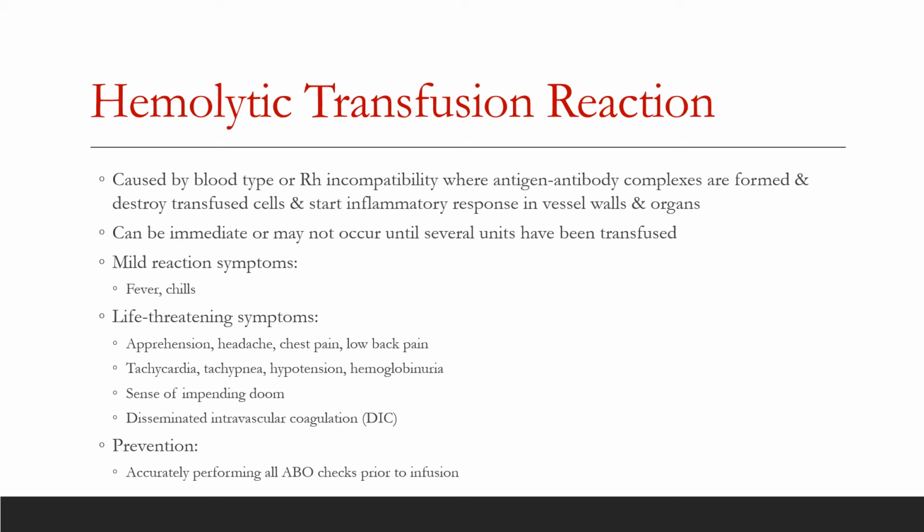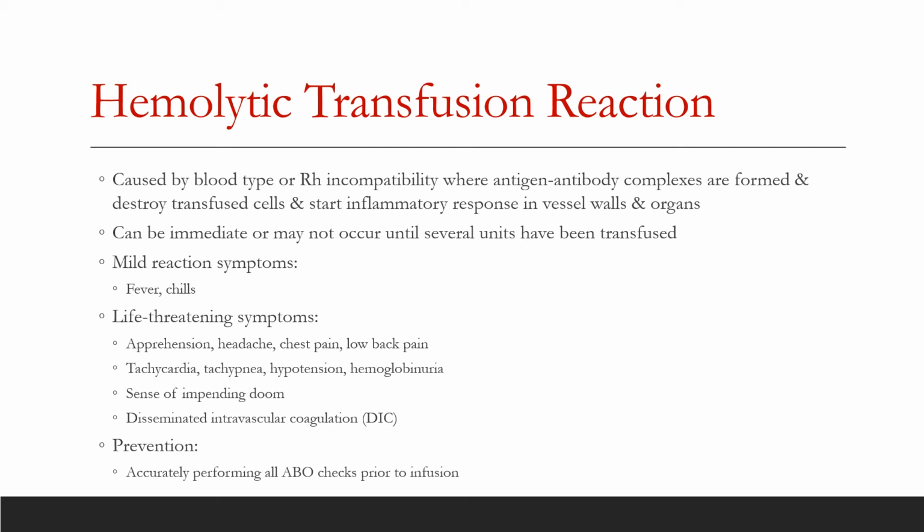These complexes will be formed as a response and destroy the transfused cells, therefore starting the inflammatory response in the vessel walls and organs, and can cause a chain reaction and organ failure. So this can be immediate or may not occur until after several units have been transfused, so you may not really know what triggered the initial reaction.